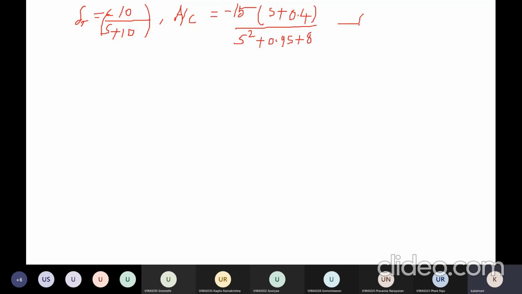This is your block diagram of the elevator, then your aircraft dynamics, then your feedback through the gain value, the rate gyro sensitivity, RS.